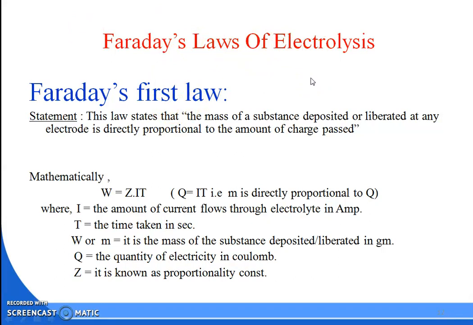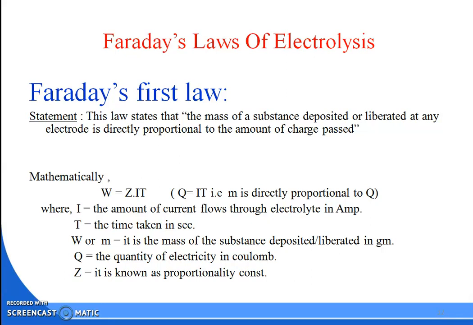So first we will study about Faraday's first law. The statement is, this law states that the mass of a substance deposited or liberated at any electrode is directly proportional to the amount of charge passed. From his experiment he deduced two laws.